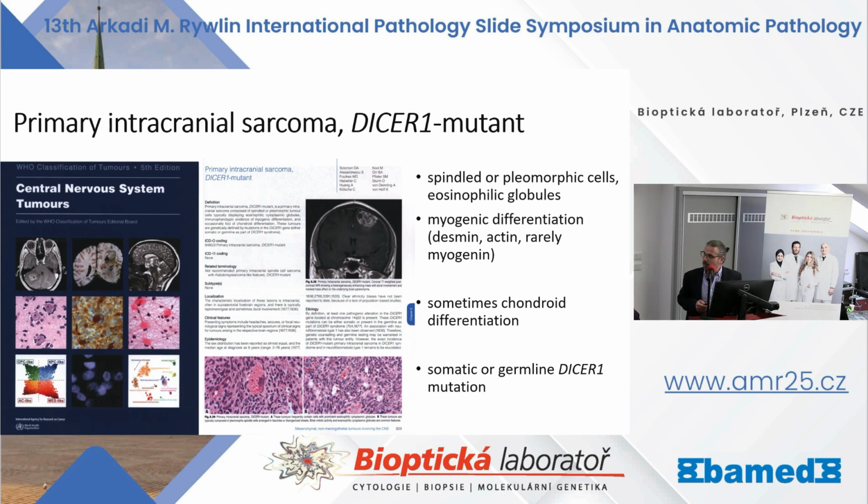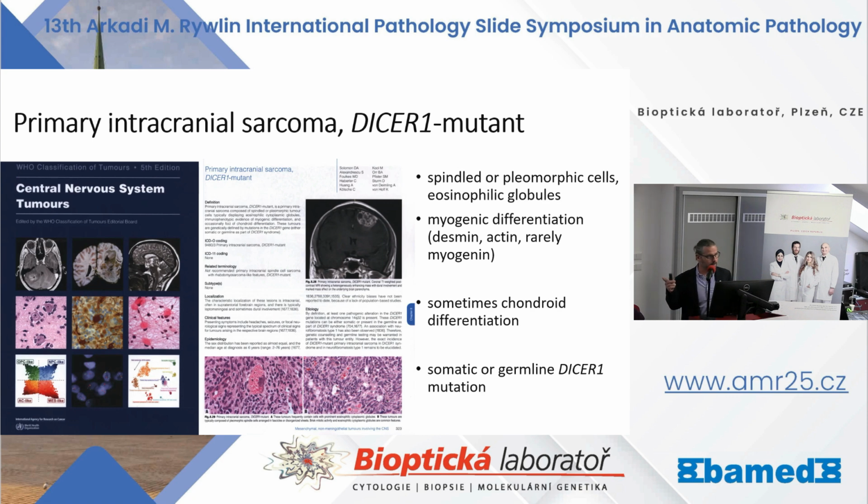This is a new entity in the WHO classification, although we know that these tumor types exist for quite a long time. These are spindled or pleomorphic sarcomas, basically always showing a high-grade sarcoma pattern. Some cases, or the majority of cases, show very typical eosinophilic globules. Some cases have straightforward myogenic differentiation based on morphology and or immunohistochemistry with desmin and actin.